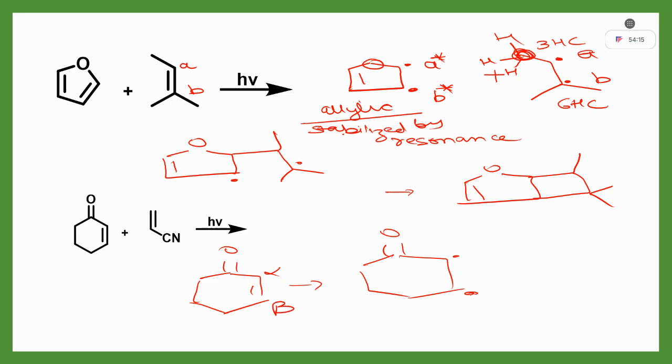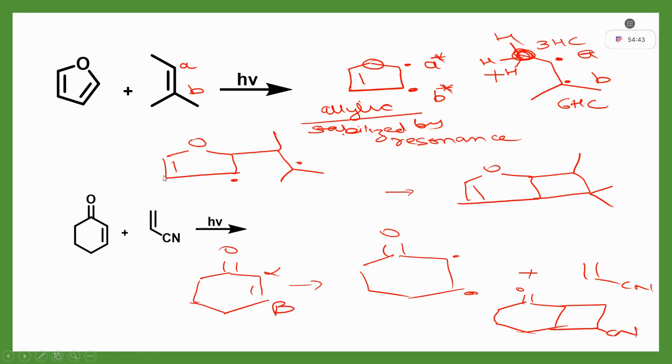This radical is quite stable because it is adjacent to your carbonyl, which is electron withdrawing, and this is your nitrile, right? So, this will be your final product. Okay.